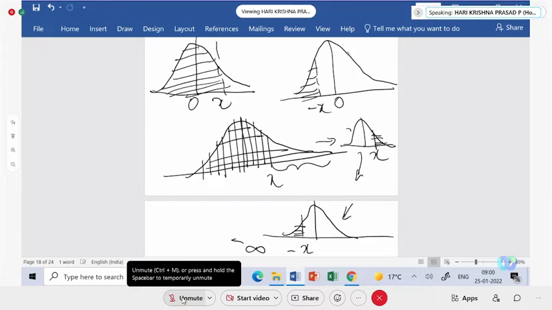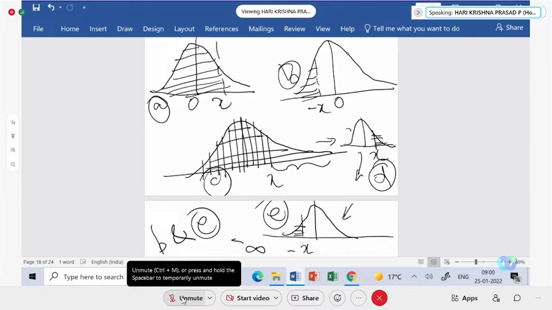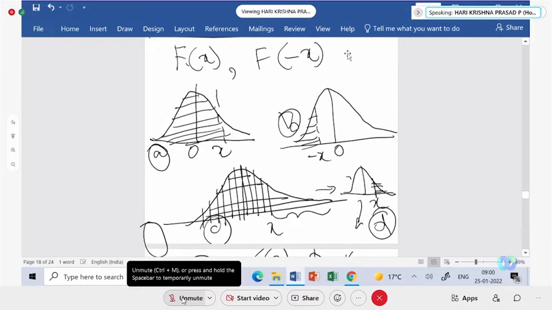And when you see the different figures, figure B, figure C, figure D, figure E, now compare figures B and E. They are same. What is figure B? It is f of minus x.